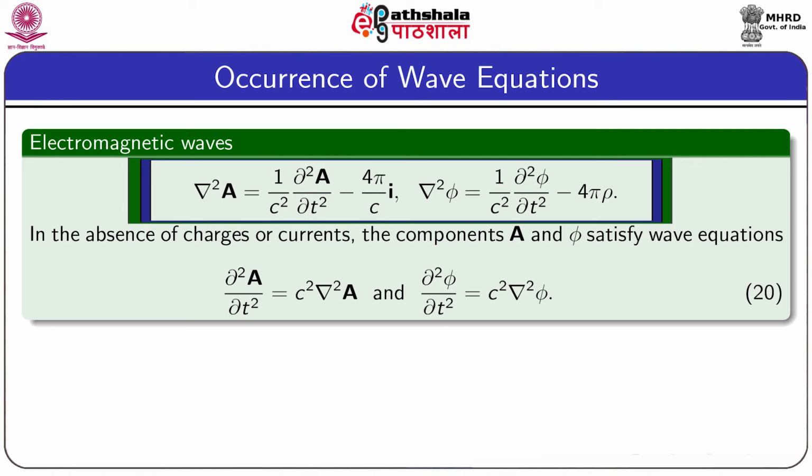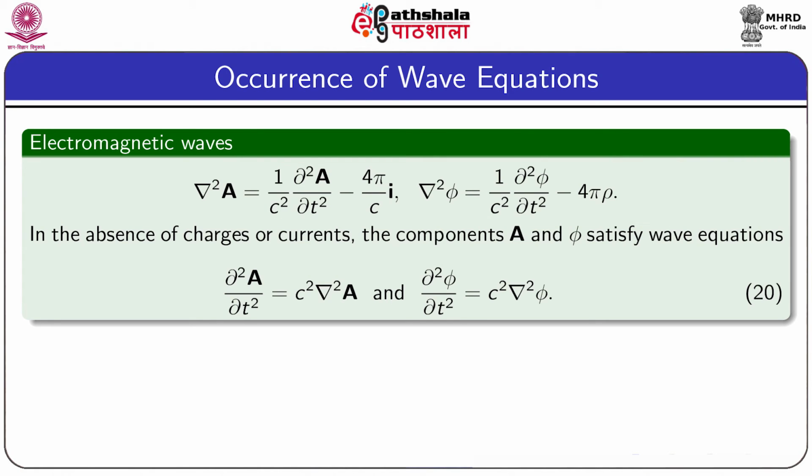Grad square A equals 1/c² ∂²A/∂t² minus 4π/c I, and the equation for phi is grad square phi equals 1/c² ∂²φ/∂t² minus 4π rho.